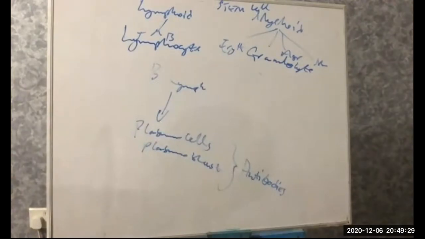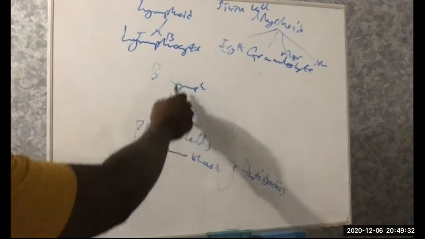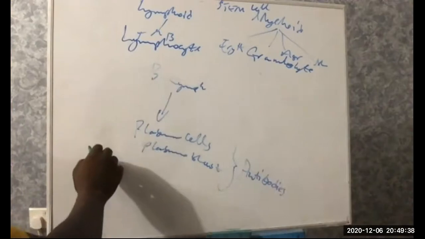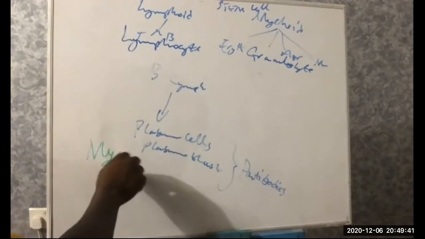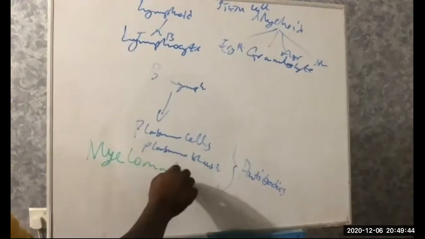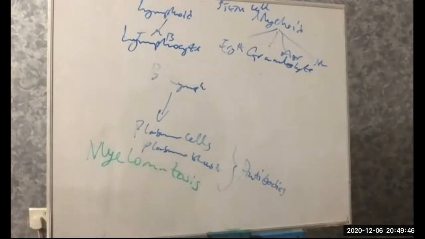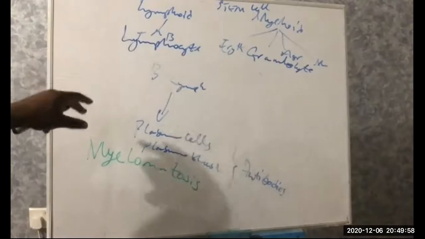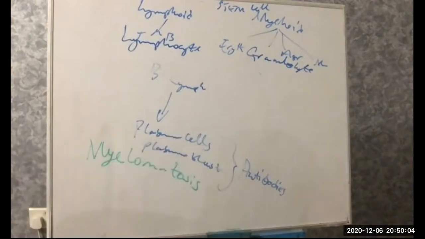So in a situation where we have either the B lymphocyte or the plasma cells dividing more, we call that process myelomatosis. We call it multiple myeloma when there is excess production of plasma cells in multiple bone marrow sites.